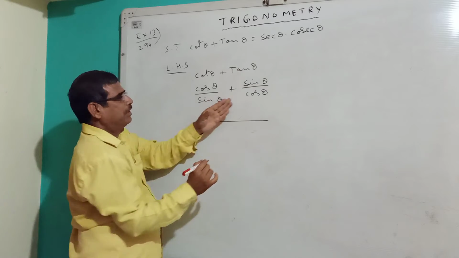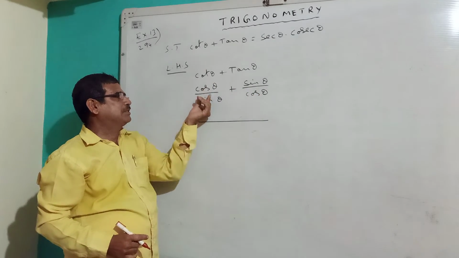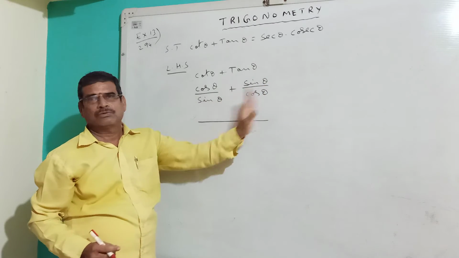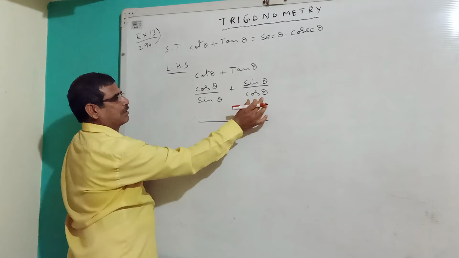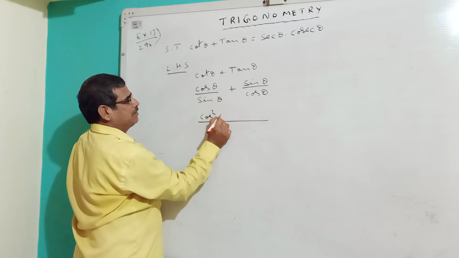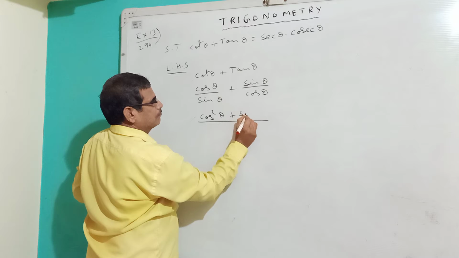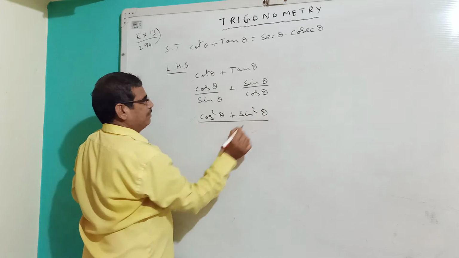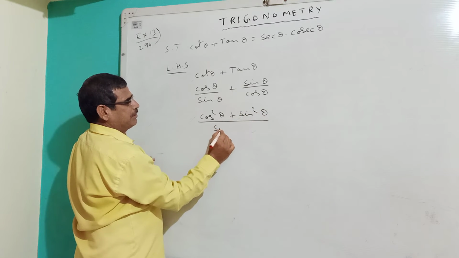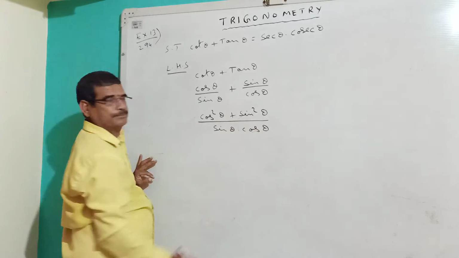Here only two fractions. I already told you so many times. This will multiply here, this will multiply here. These two we can multiply. So cos theta into cos theta, cos square theta will come. Sin theta into sin theta, sin square theta. In the denominator, sin theta into cos theta.